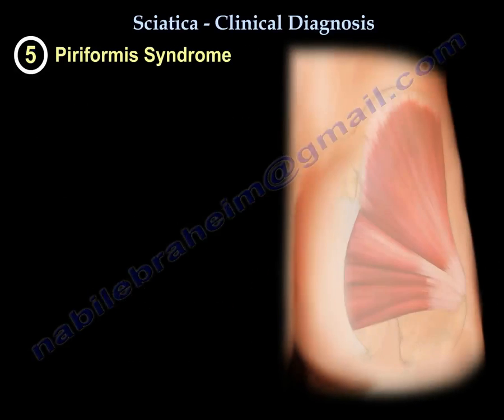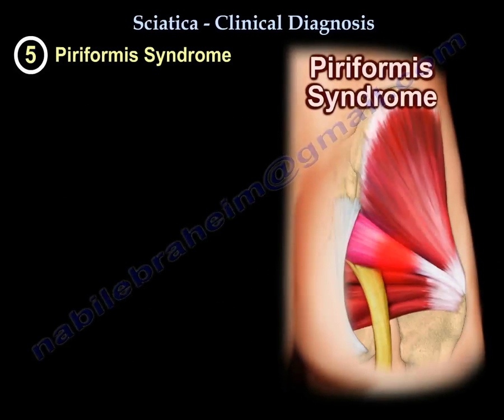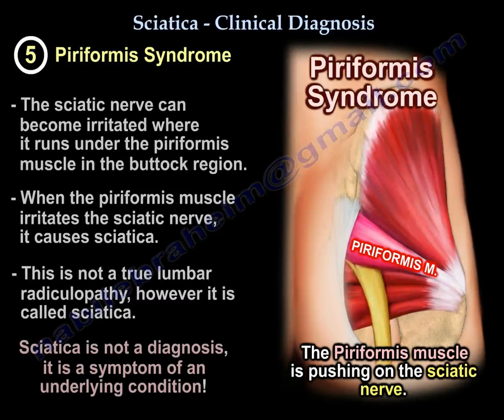Number 5, piriformis syndrome. The sciatic nerve runs under the piriformis muscle in the buttock, and if this muscle irritates the nerve, it causes sciatica. This is not a true lumbar radiculopathy, but they call it sciatica. Sciatica is not a disease. It is not a diagnosis.